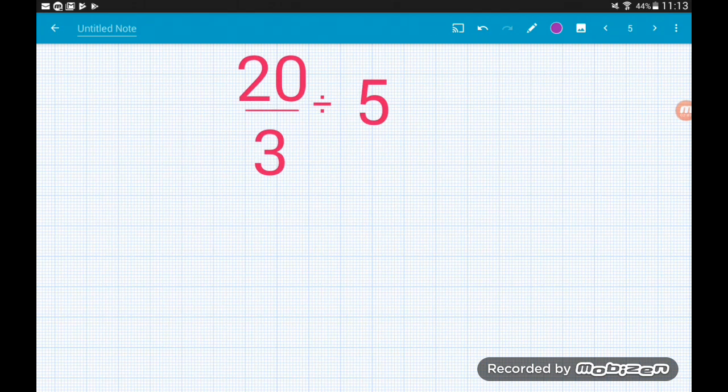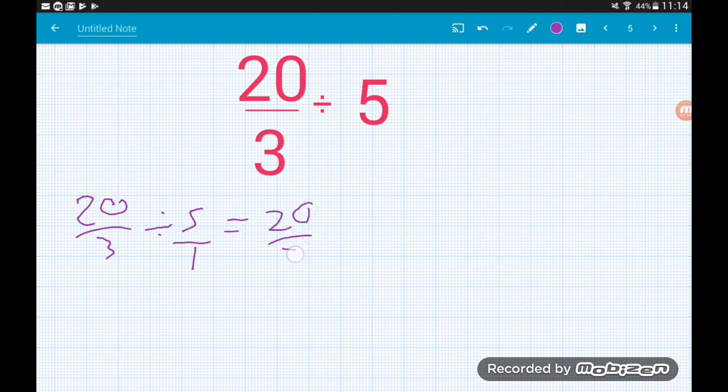Okay, 20/3 divided by 5. Okay, so we've got 20/3 divided by 5 over 1, which is exactly the same as 20/3 times 1 over 5. So we've got 20 on top and 15 on the bottom.